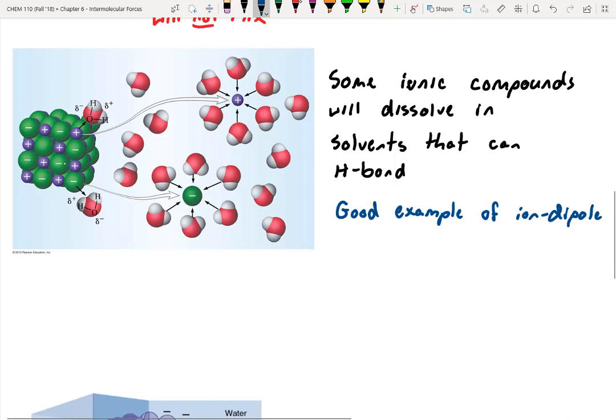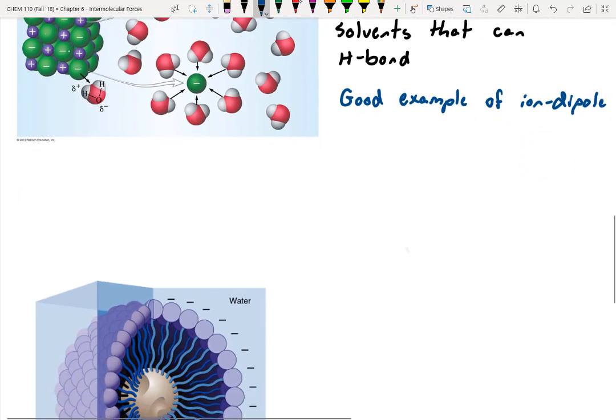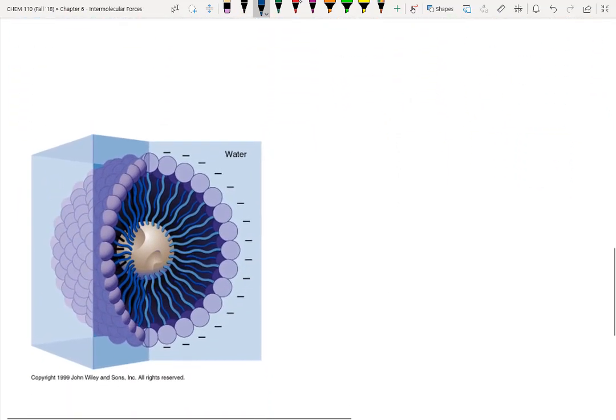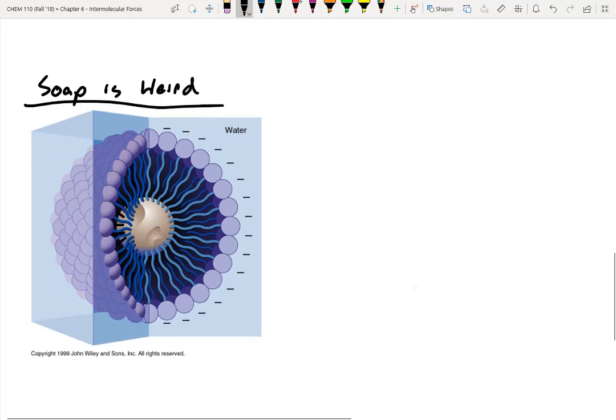All right. My last example is one of my favorites, soap. And soap is weird. What I mean by that is if you look at soap, what you have on one end, typically, is something that looks like this.